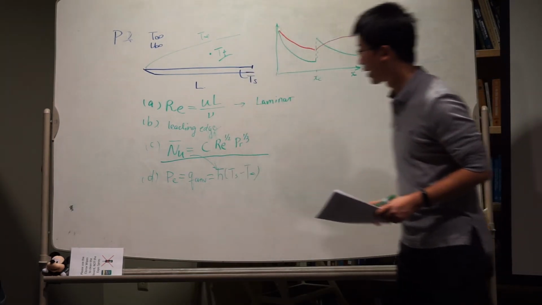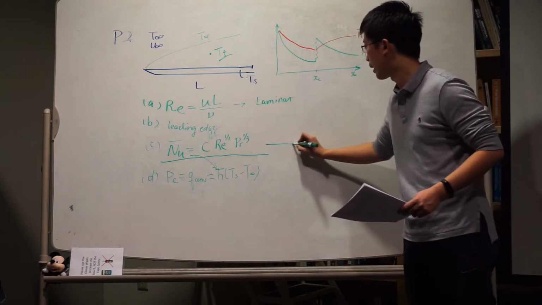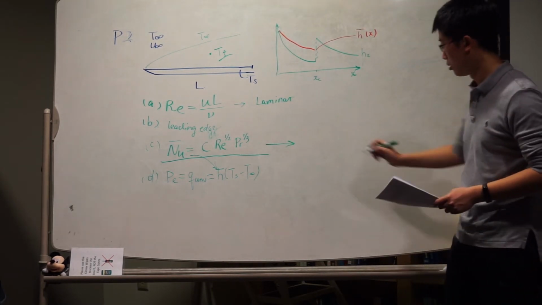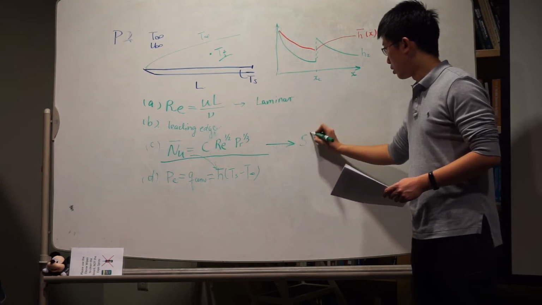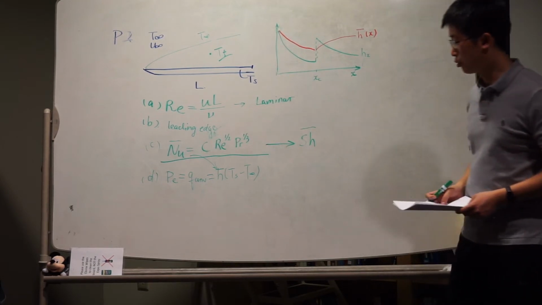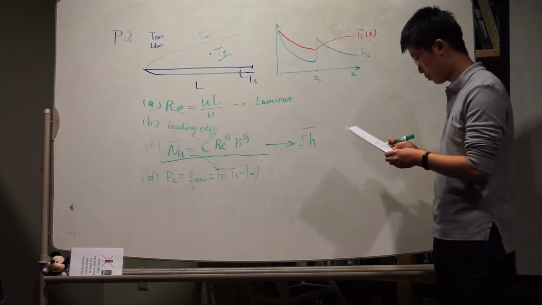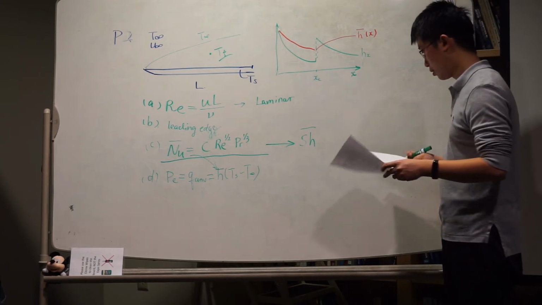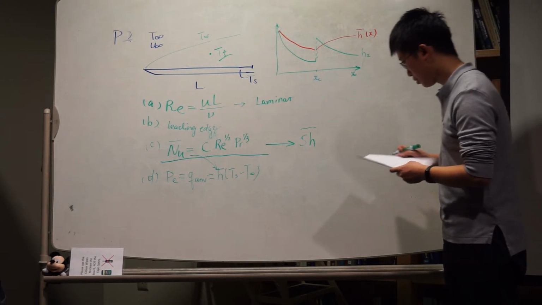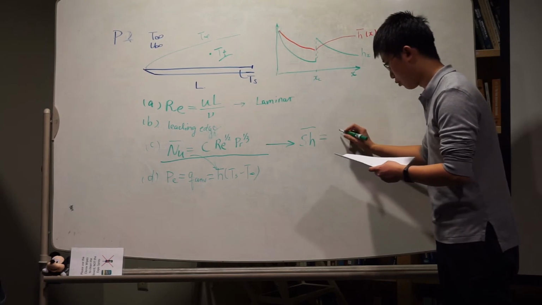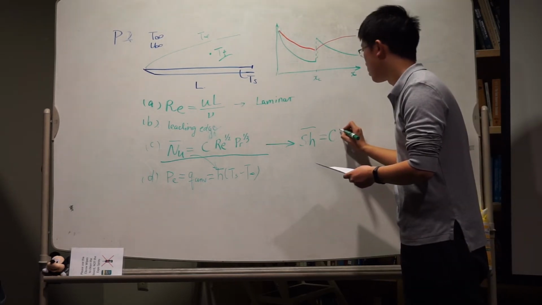And directly we can get, for mass transfer, the mass version of the Nusselt number, which we call the Sherwood number, in the same form.